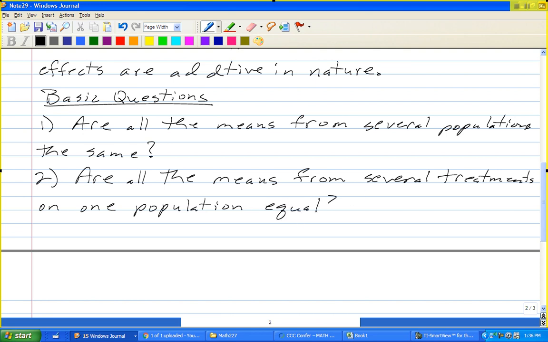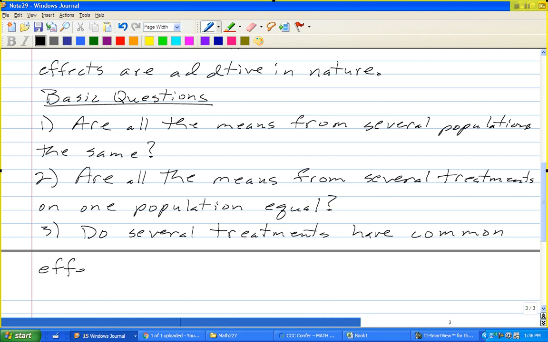So we try to answer that. And lastly, do several treatments have a common effect? Okay, so that really finishes off our quick little introduction.